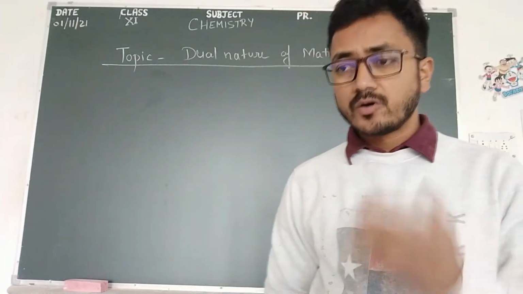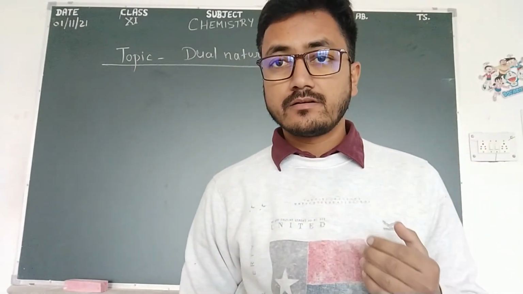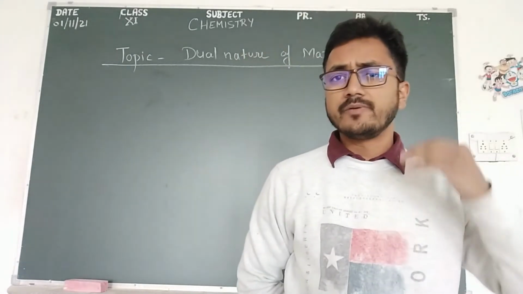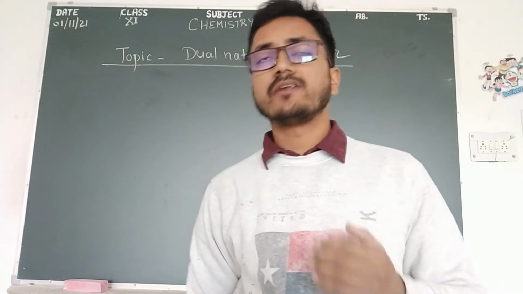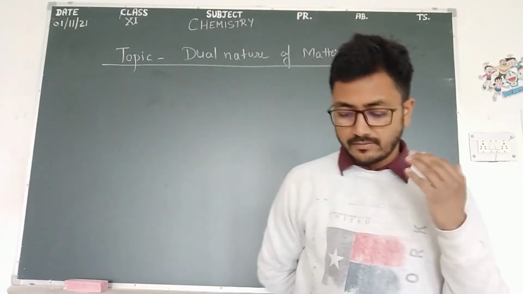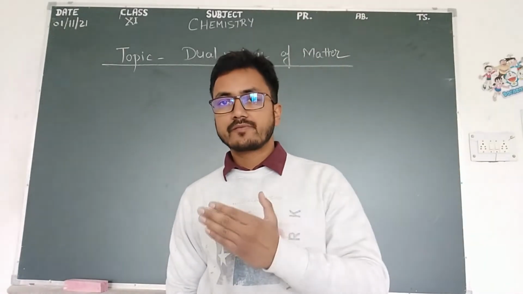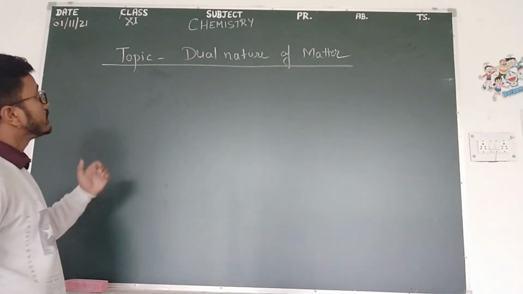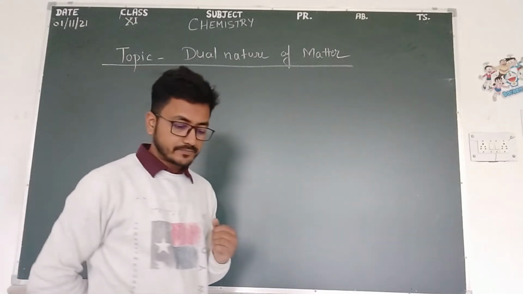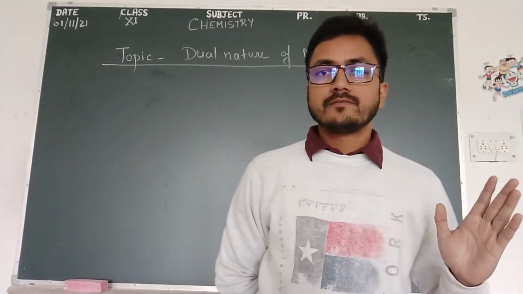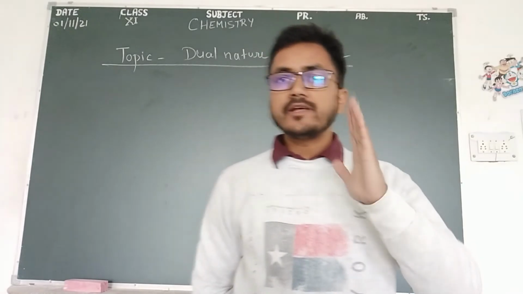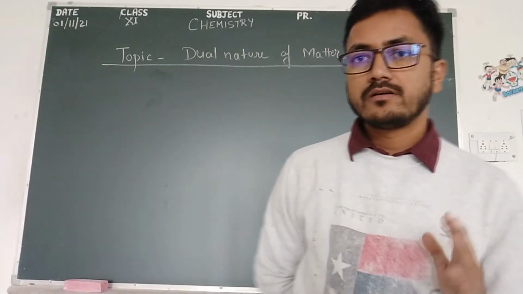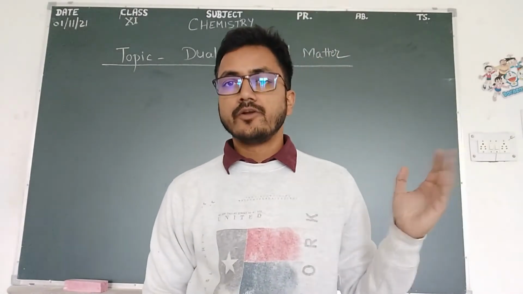With the help of these theories, we have proved that light has dual nature. It means it will behave like particles as well as waves. But now we will derive an expression that will prove that not only light, every matter, every particle, has dual nature.